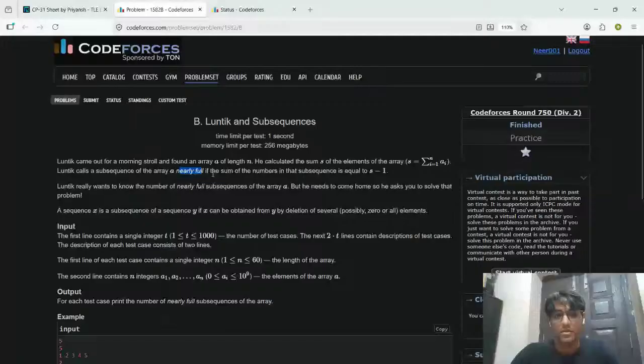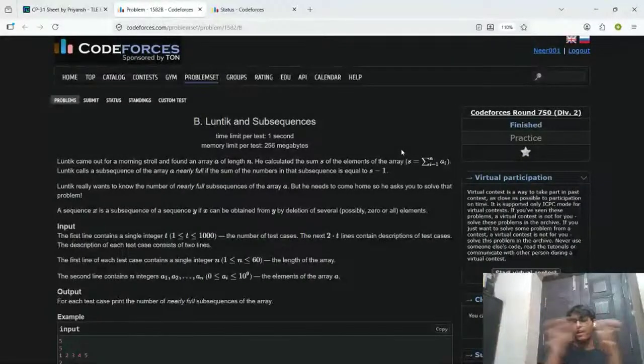So, a sequence, if the sum of an array between sequences, like there is a five digit array, right? And then this lunatic considers a subsequence as nearly full if its sum is just less than the sum of all digits. Like if it's 1, 2, 3, 4, 5, then the sum of all digits is 15.